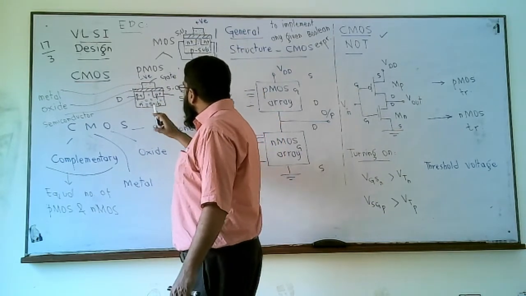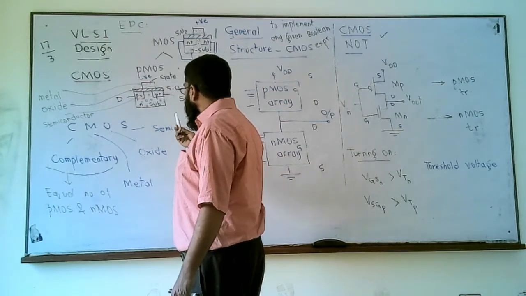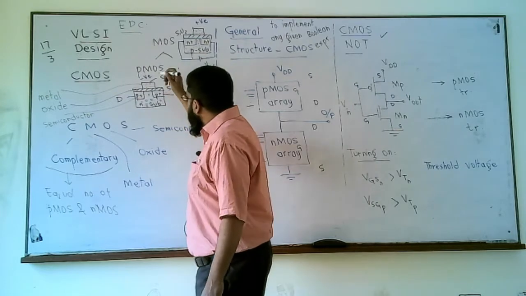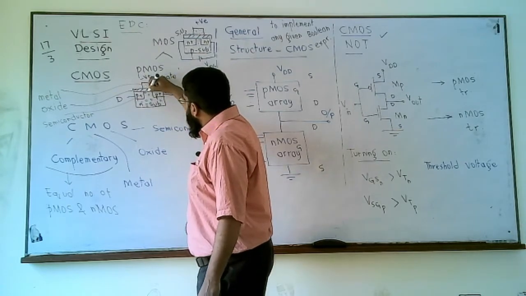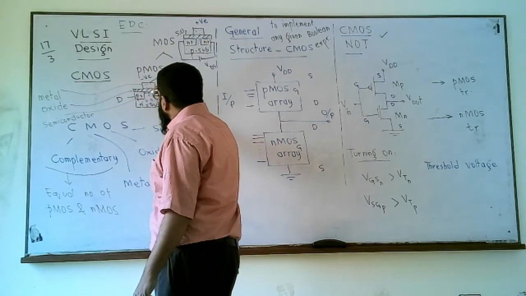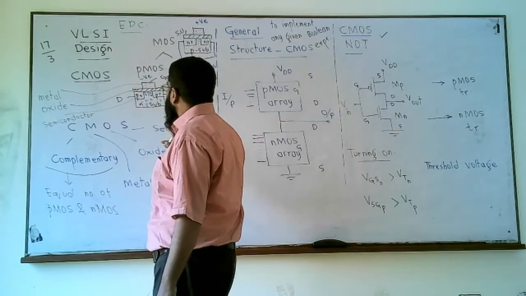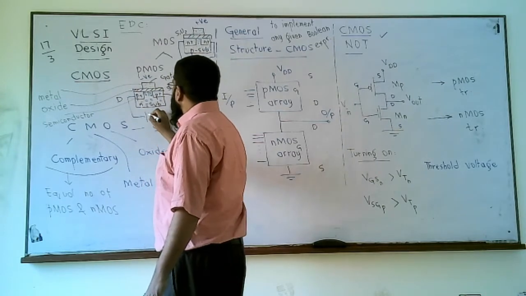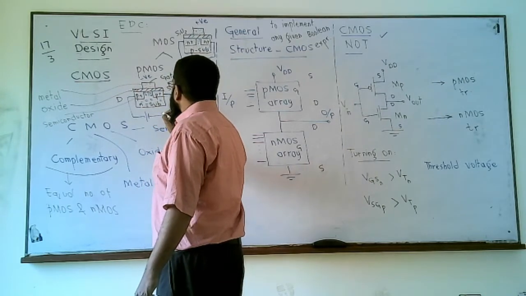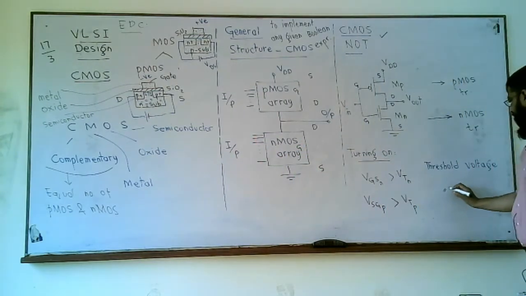So in this n-type material we have holes, but they are not gathered in this channel, they are scattered. As we apply a negative voltage, they are attracted, and once they are sufficient in number here to set up a current flow between drain and source, we call that voltage VSGP. So this is the threshold voltage.